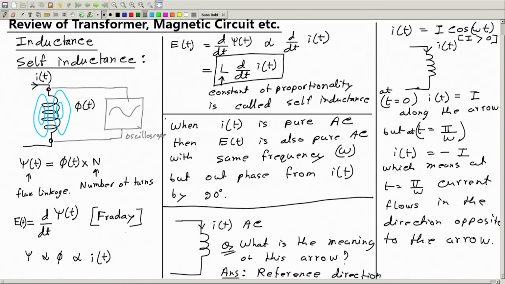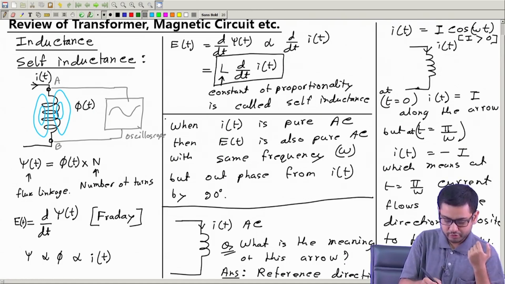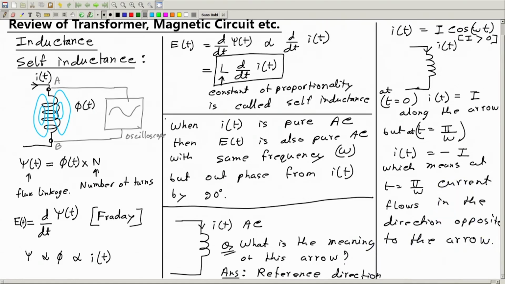Now I can ask that at t equal to 0, which terminal among these two, call them A and B, which among A and B will be positive at t equal to 0 or at any other time? Which terminal will be positive? We know the magnitude is given by this, but what will be the polarity? Now the polarity can be found using Lenz's law.